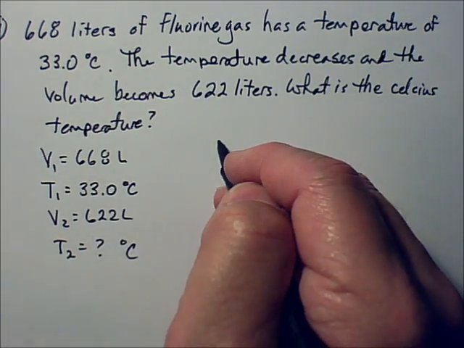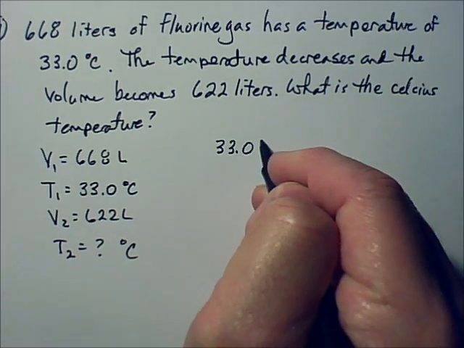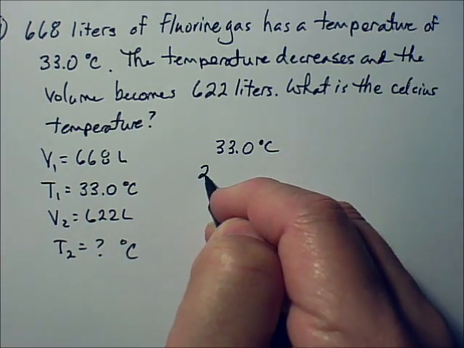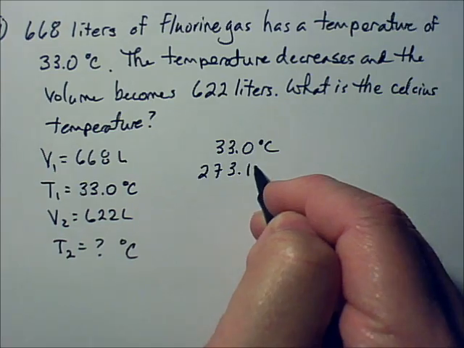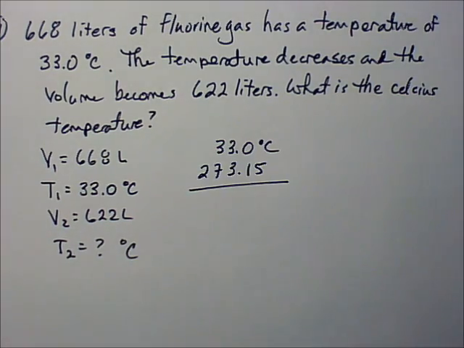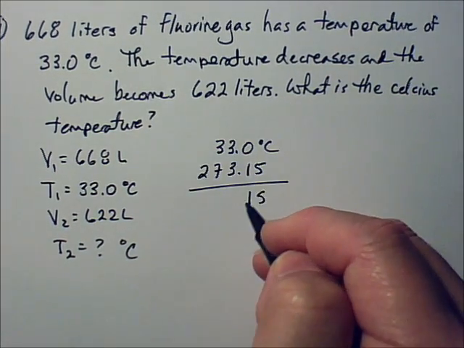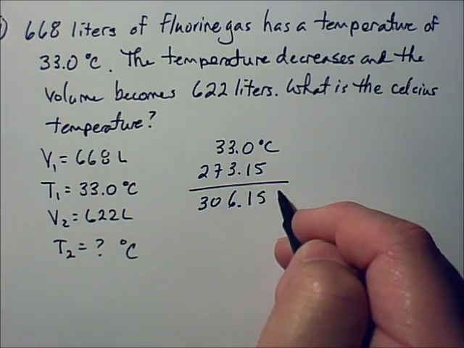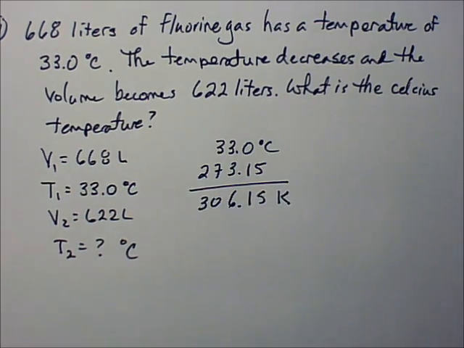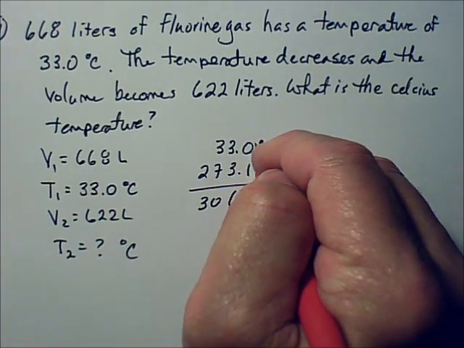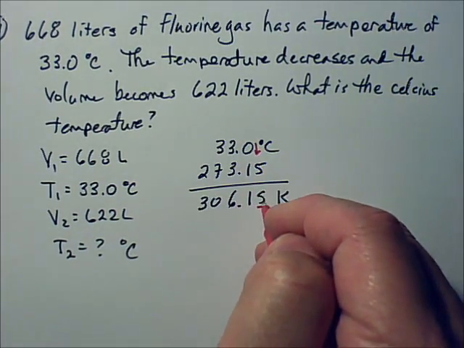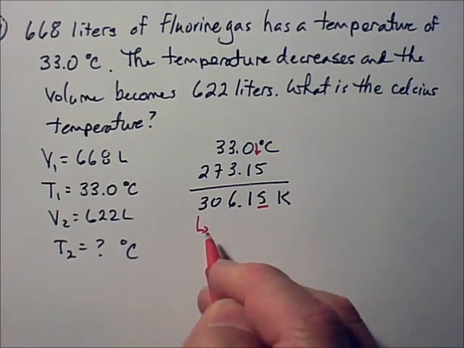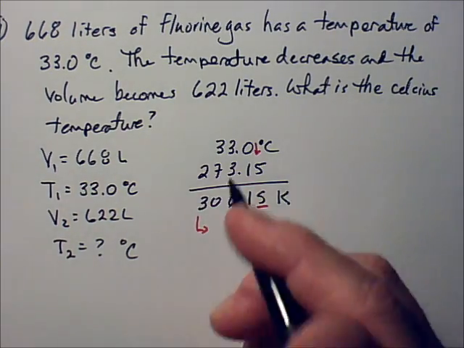You guys have recognized that already. That's good. So 33.0 degrees C plus 273.15, and we get 306.15 K. Got to round off this last digit because I've got an empty slot.